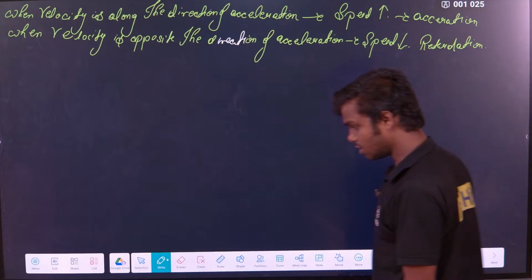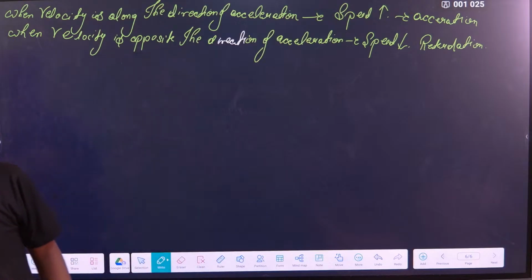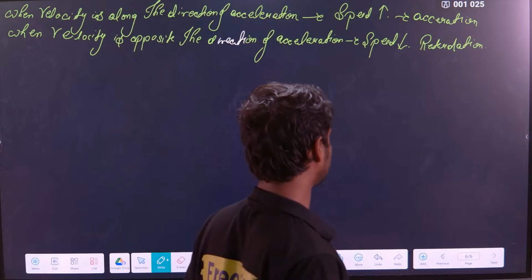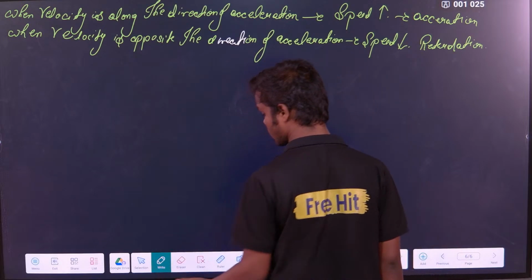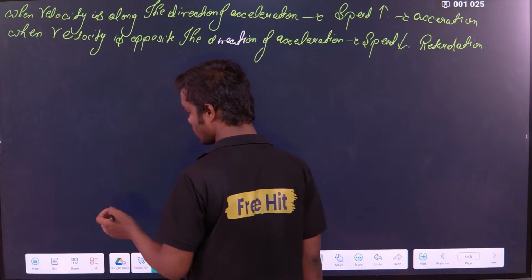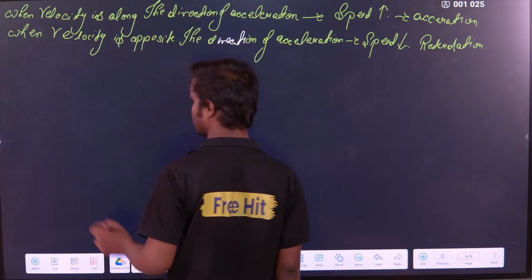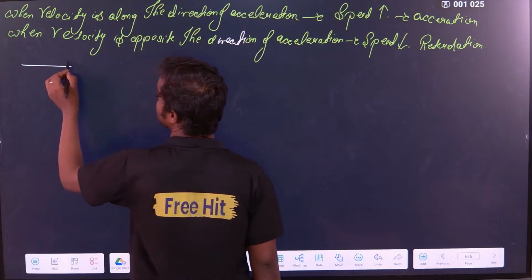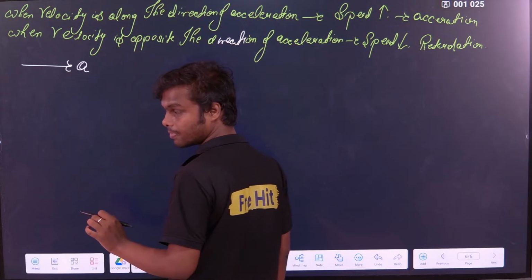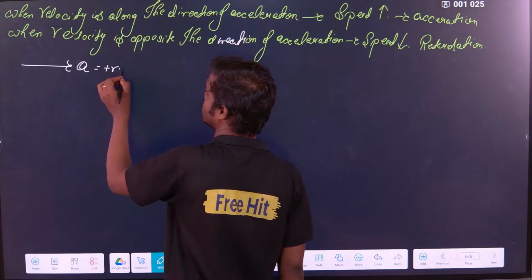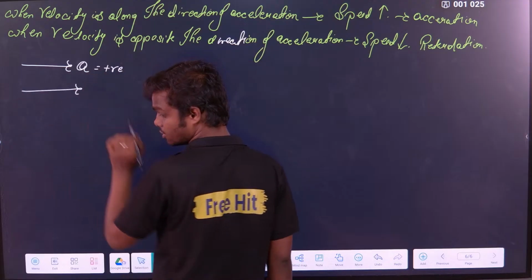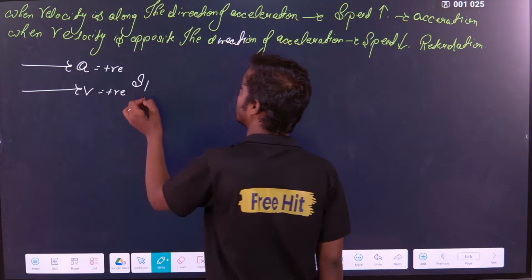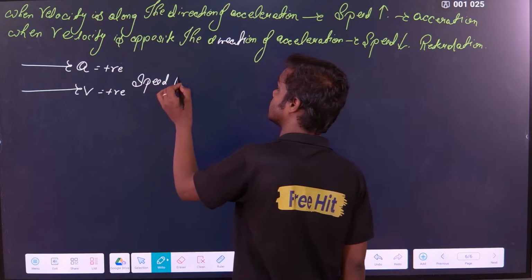So acceleration is basically a phenomenon. You try to understand, it is a type of phenomenon which is happening. What I'm trying to say is, suppose this is my acceleration, and I take this direction as positive, and this is my velocity, also positive, then my speed is always going to increase.